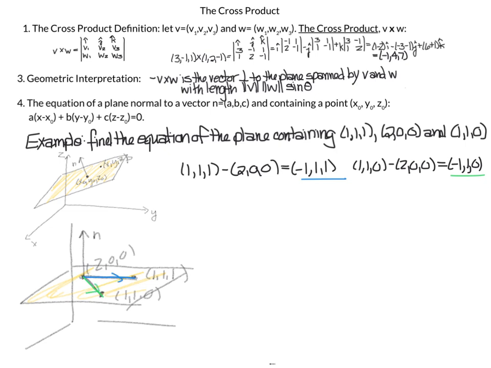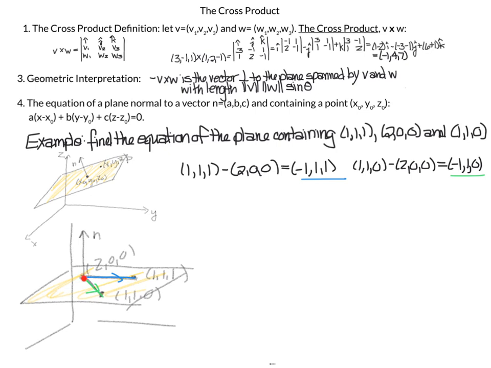I also want to mention when we talked about subtracting two vectors way back in the video about vectors in R3, that was one of our first videos, there is a direction associated with a vector minus a vector. That is, this is the vector that it's coming from, and it's going to this vector. So here the direction is coming from 2, 0, 0 out to 1, 1, 1, and this is going from 2, 0, 0 out to 1, 1, 0. So I have the arrows to indicate direction, and it's important that when you do this subtraction and you choose these two vectors, whatever point you want, you need to anchor these two vectors to the same endpoint.